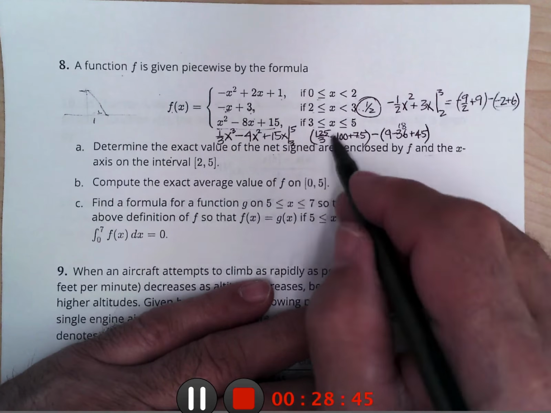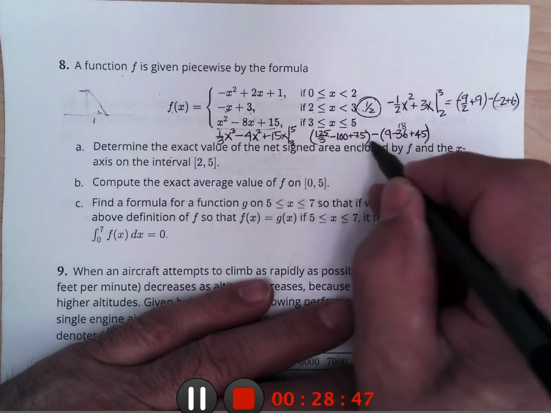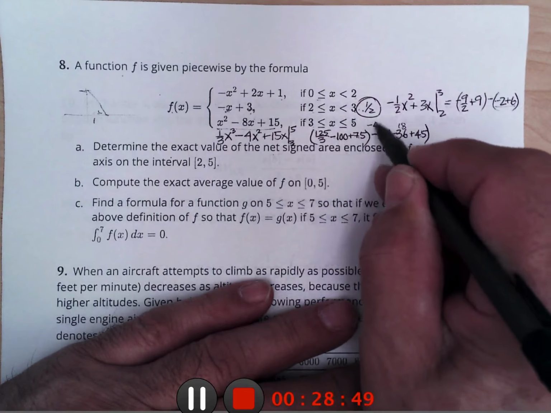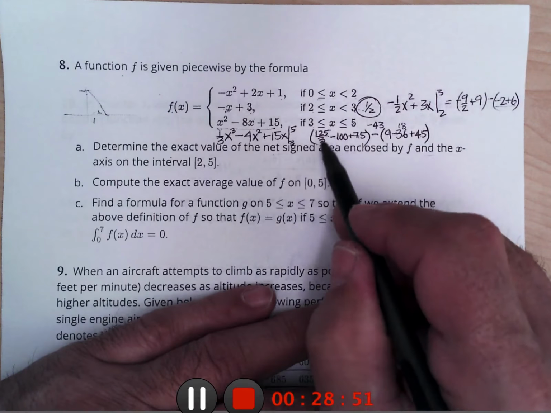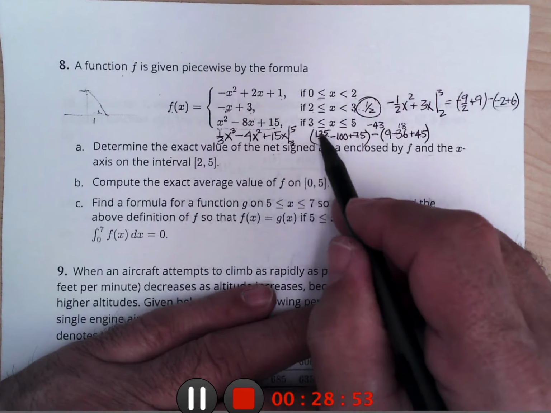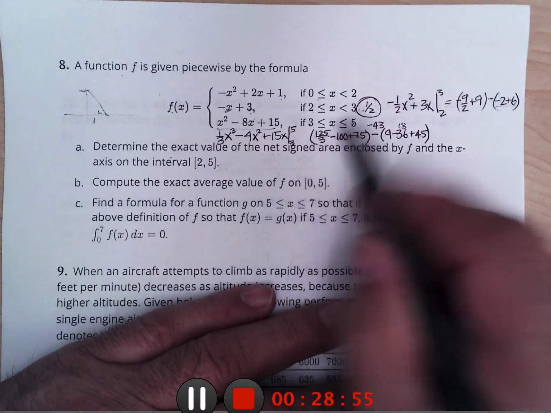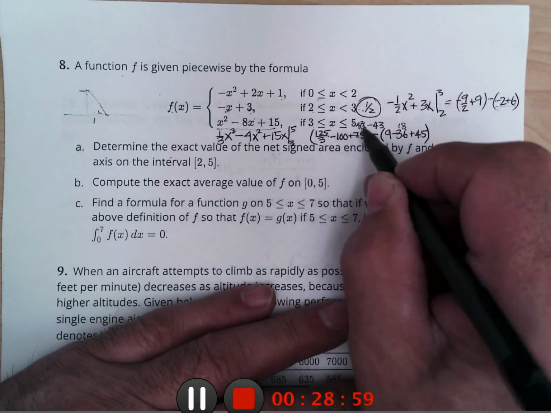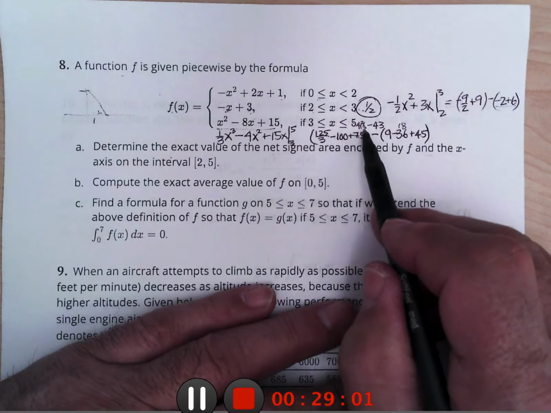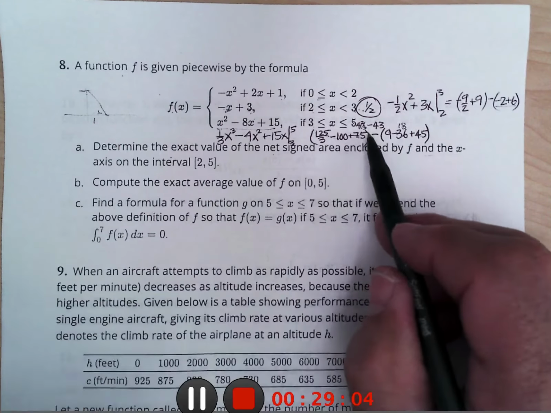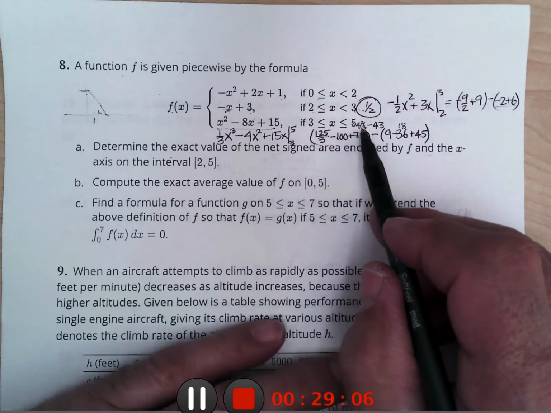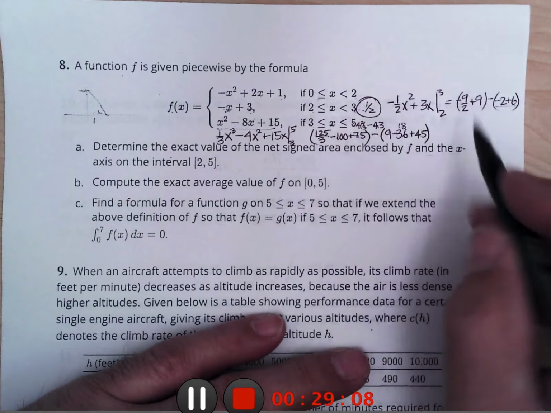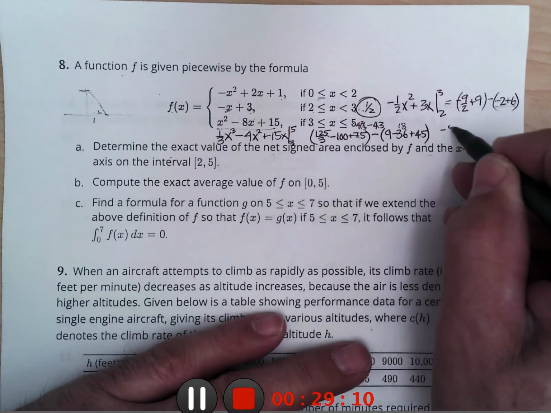So we have minus 43 plus, see, 125/3 is 41 2/3. 41 2/3 minus 43 is minus 1 1/3, minus 4/3.